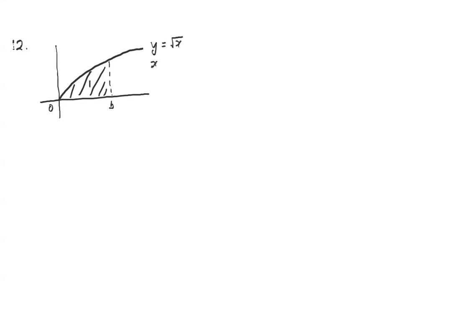So x will be y squared. Right? So here, this point A, the coordinate will be B, square root of B. Am I right? So here will be square root of B.